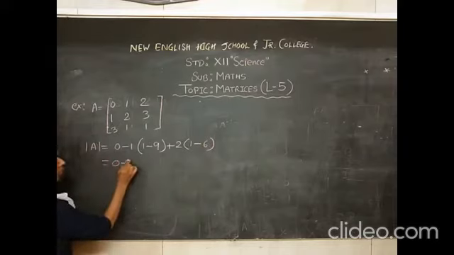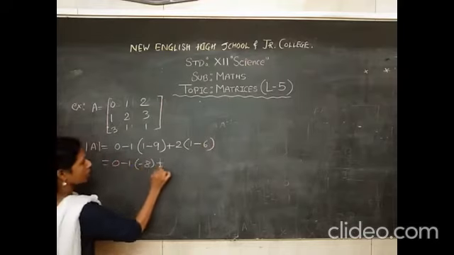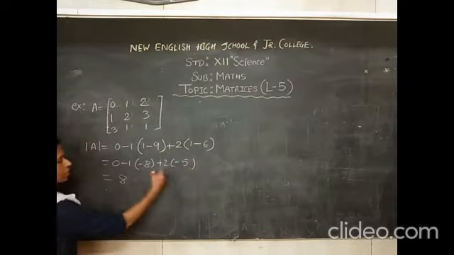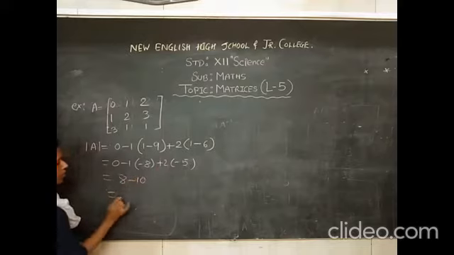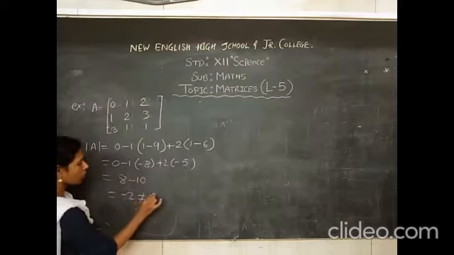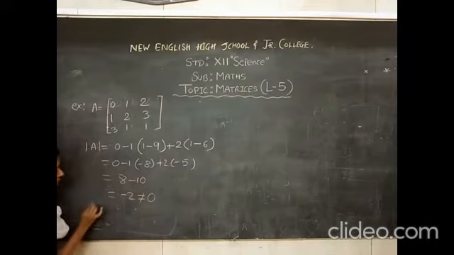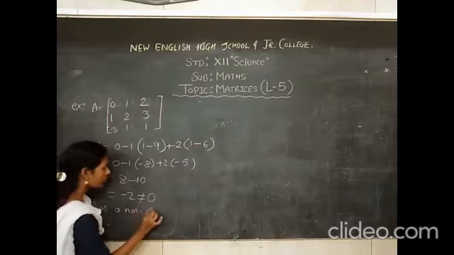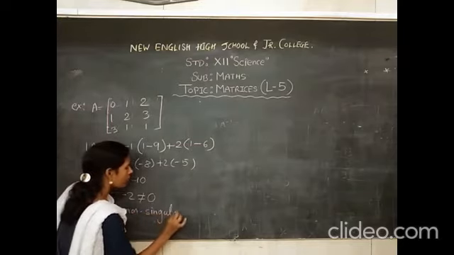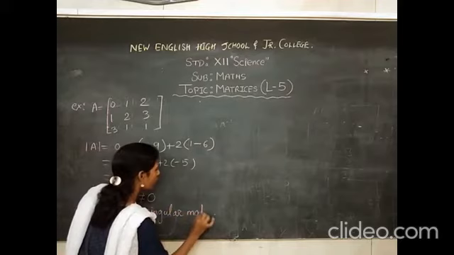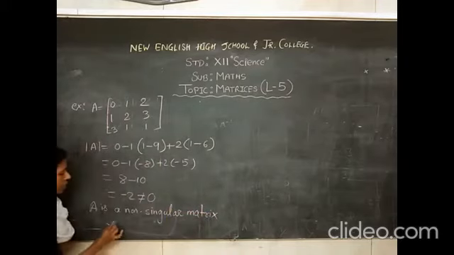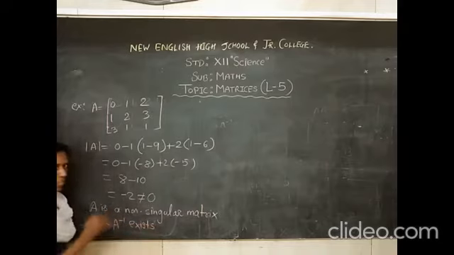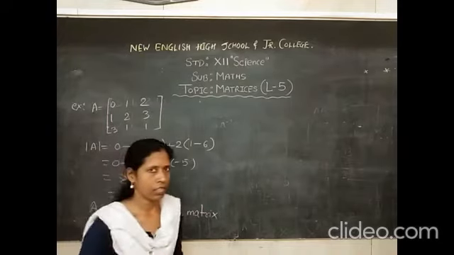Equal to 0, minus 1, minus 8, plus 2, minus 5, equals to, this is plus 8, this is minus 10, which is equal to minus 2, which is not equal to 0. That means I can say A is a non-singular matrix, means I can say A inverse exists. In this case, A inverse exists.